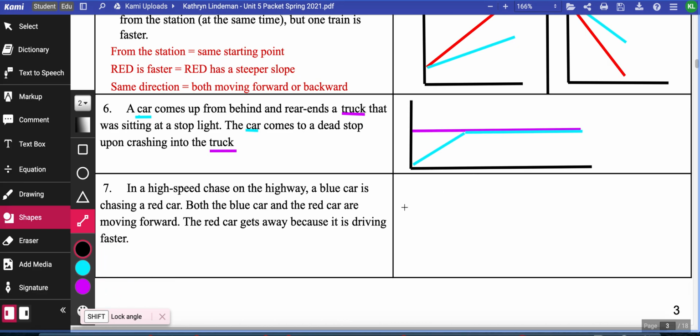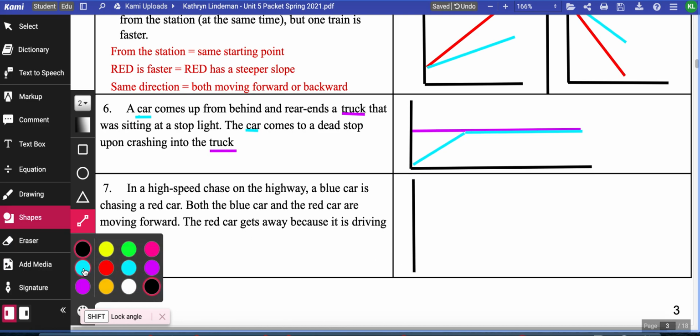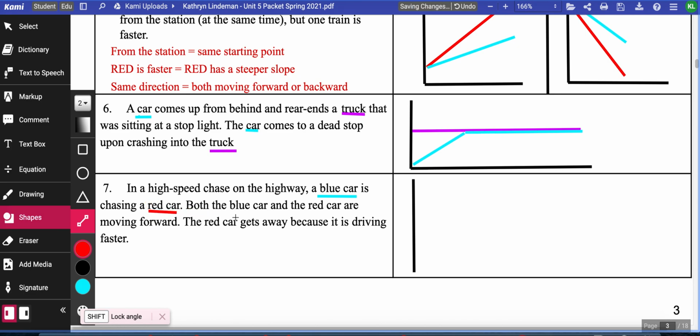Okay, so for this next one, a high speed chase on the highway, a blue car, so let's use blue for that. A blue car is chasing a red car. Both the blue car and the red car are moving forward.